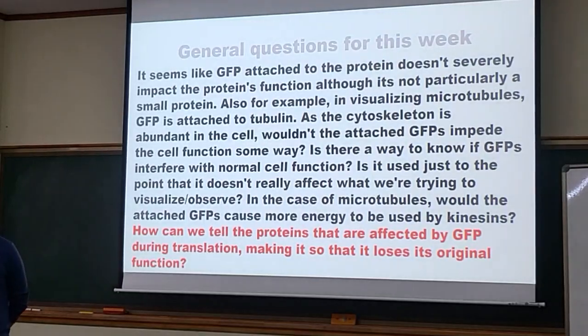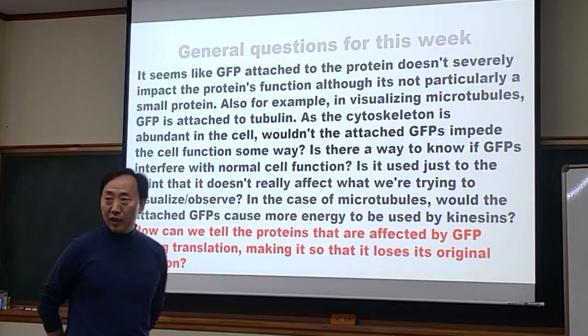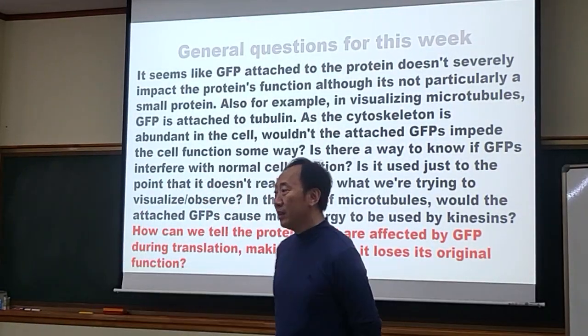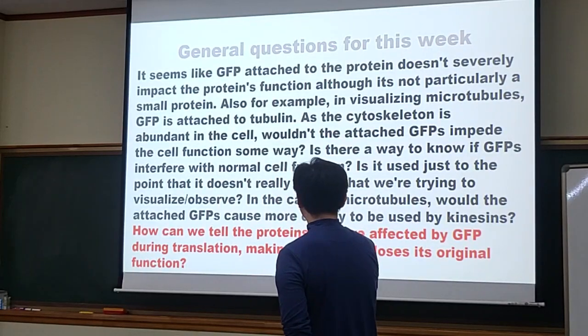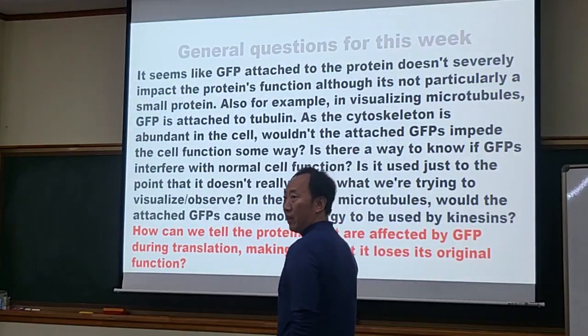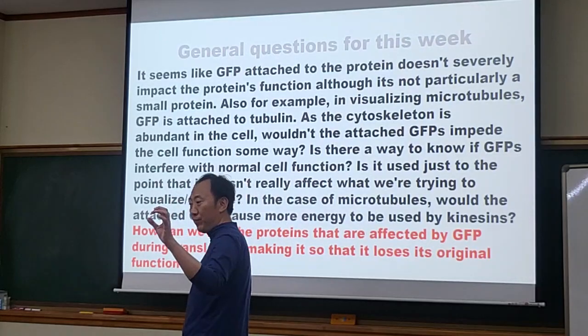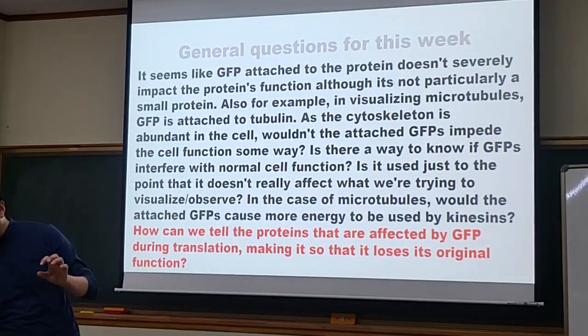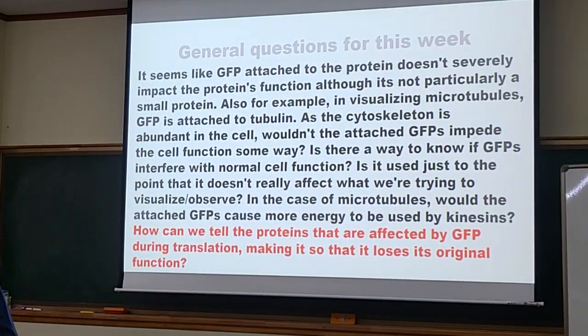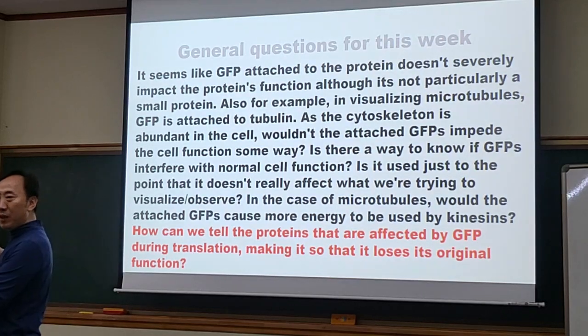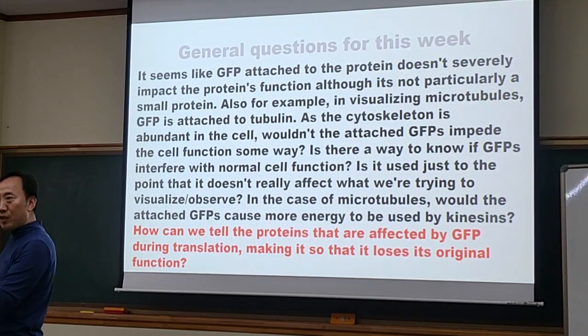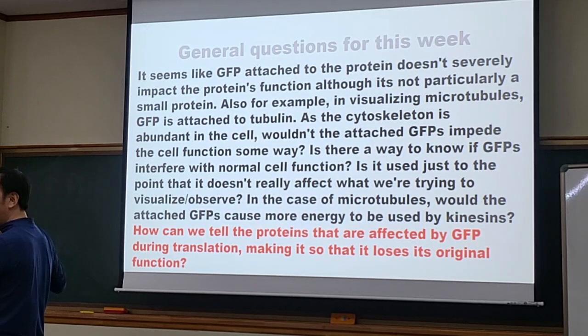Some of you indicated that GFP looks like it's okay, that it does not bother the original function of the protein. But if a protein is 10 kilodalton and GFP is 30 kilodalton, then expression of this protein can definitely be affected by the GFP size.